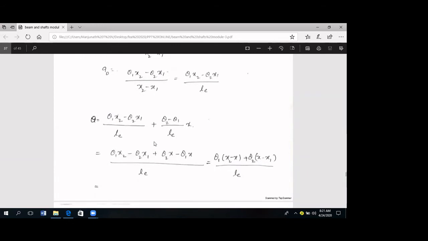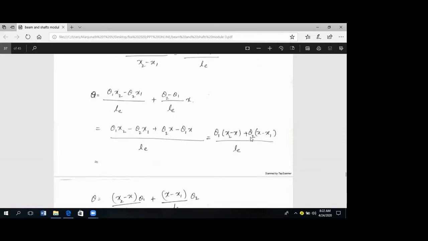Simplifying these two terms, we take LE as common factor: theta 1 x2 minus theta 2 x1 plus theta 2 x minus theta 1 x. Then taking theta 1 as a common factor from this term and this term, theta 1 into x2 minus x, plus theta 2 into x minus x1, you can write it.